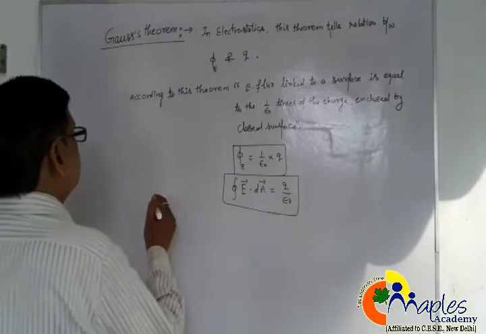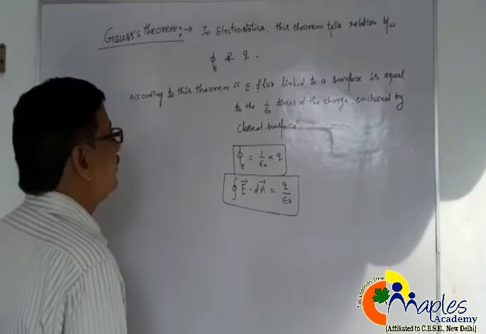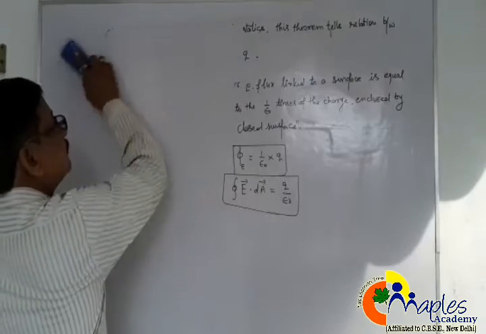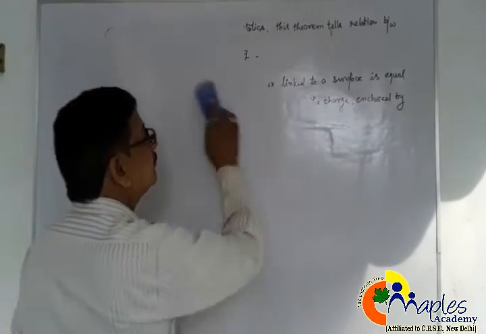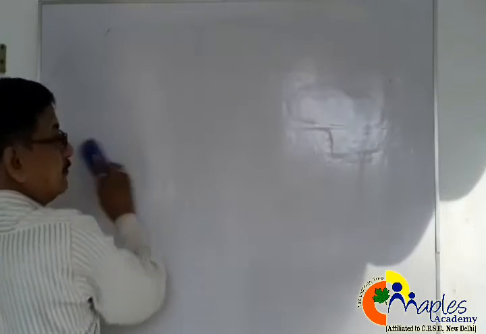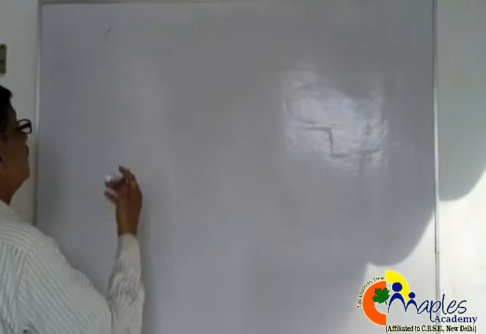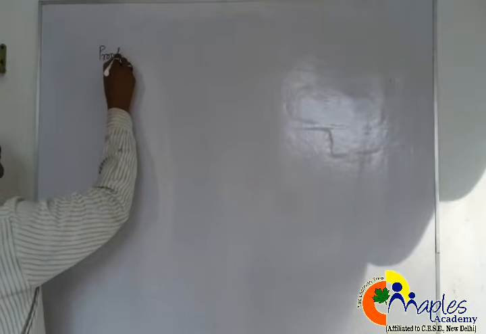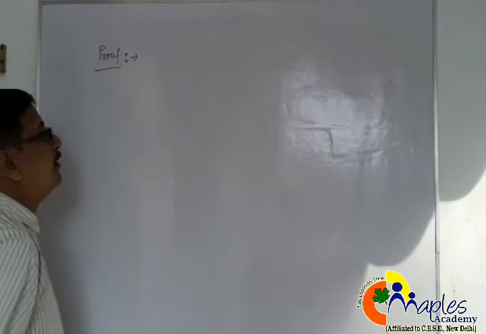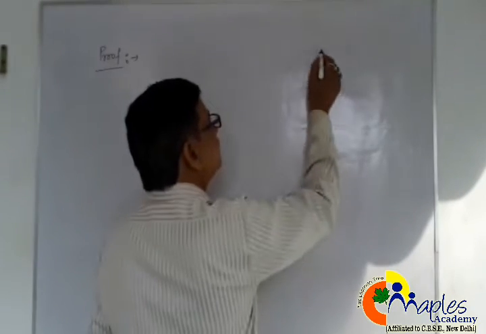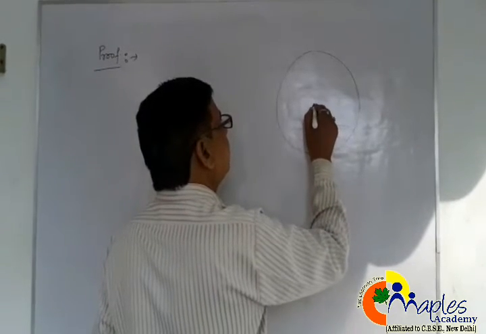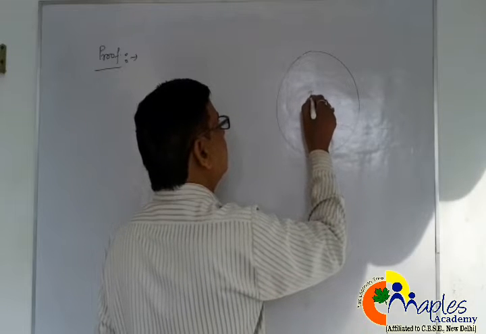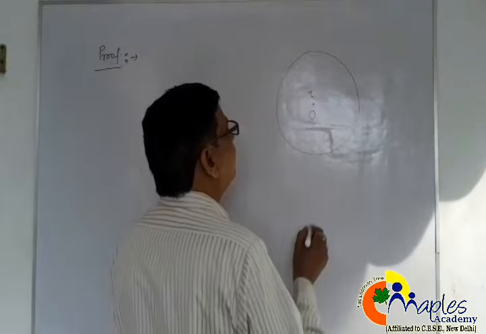Now proof of this theorem. Suppose a closed surface is a sphere with center O, and here is a charge plus Q, a point charge at the center.